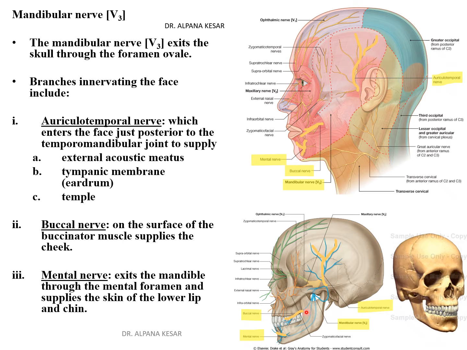The buccal nerve passes over the buccinator muscle and supplies the skin of the cheek. Mental nerve comes out on the face by passing through mental foramen and supplies the skin of the chin and the lower lip.